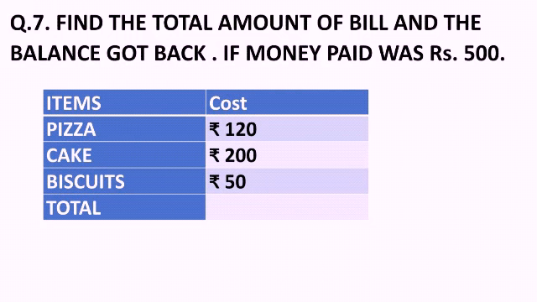Now question number 7. It's a very interesting question. You have learned it in the chapter Rupees and Paise. Find the total amount of the bill and the balance got back if money paid was rupees 500. Already 500 rupees is paid to the shopkeeper, and these are the items bought from the market. So what will be the total cost?